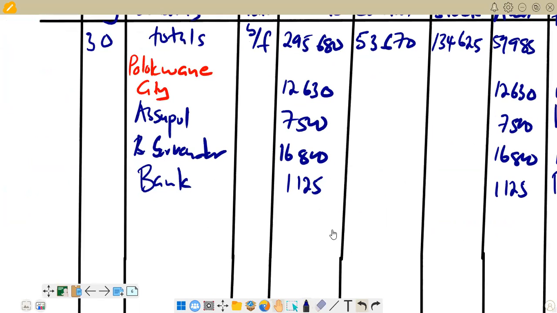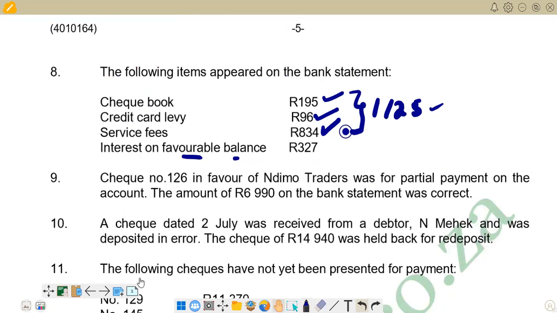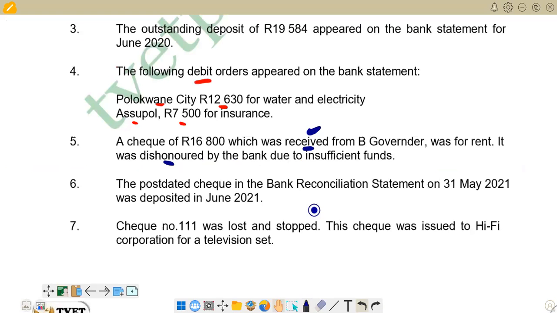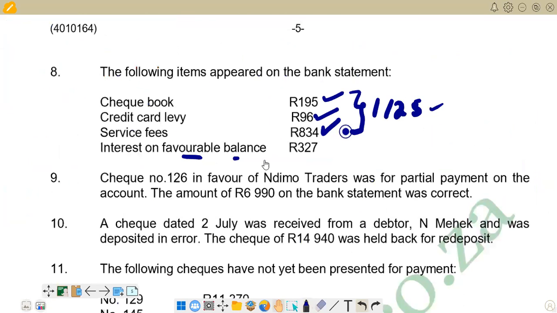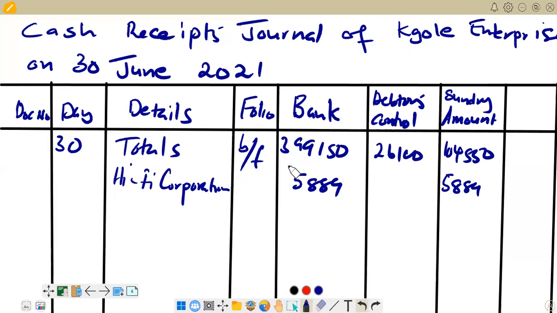And remember, we also have interest, interest on current account. That is our interest on favorable balance, 327. So we're going to enter it there. We are also receiving this interest from the bank. So on the details part, we are also going to write bank, and then the amount that we are receiving there is 327.